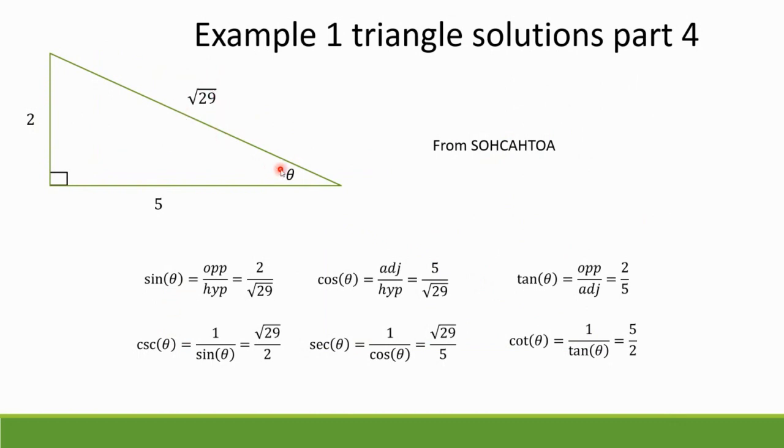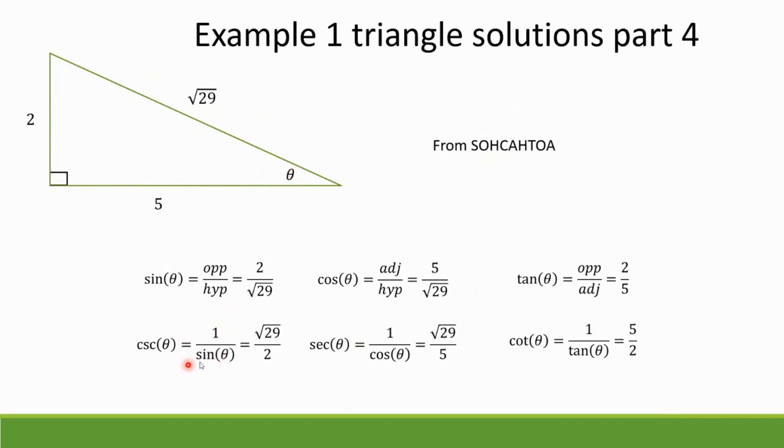Cosine of theta is adjacent, 5, divided by hypotenuse, radical 29. And tangent of theta, we know, is opposite 2 over adjacent 5. All right, that's good.